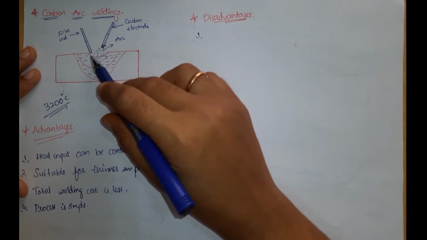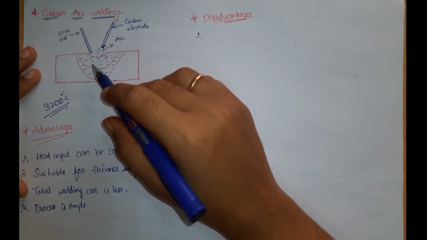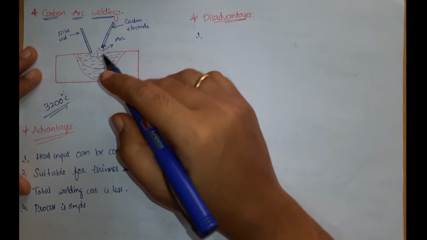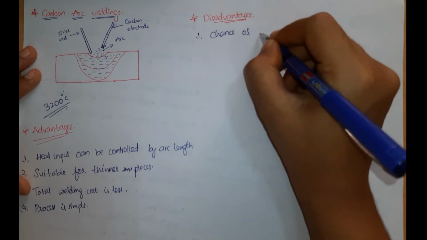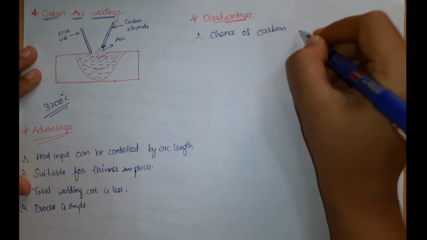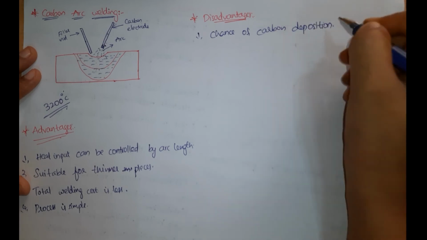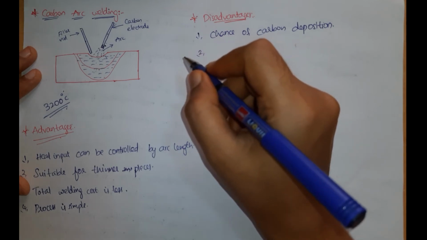This creates a very hard surface on the welding material. This generally happens in the case of ferrous materials, right? So there is a chance of carbon deposition, which is not needed. Why? Because it makes the workpiece harder.